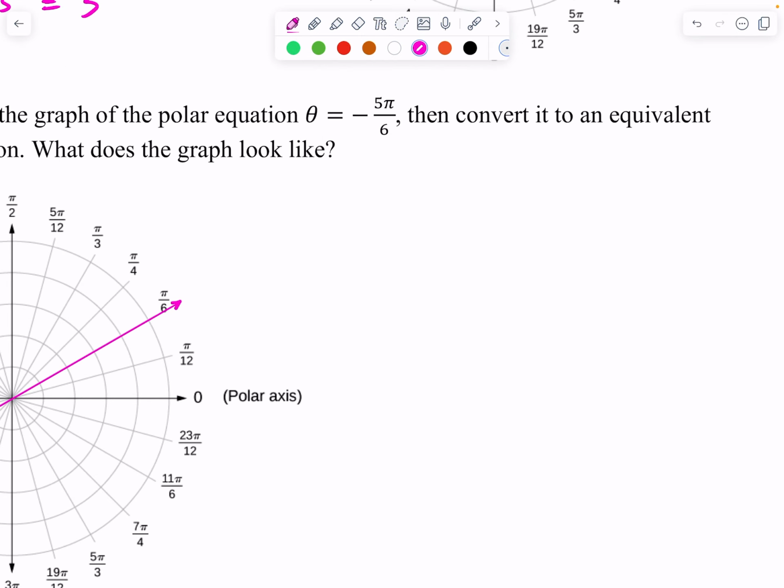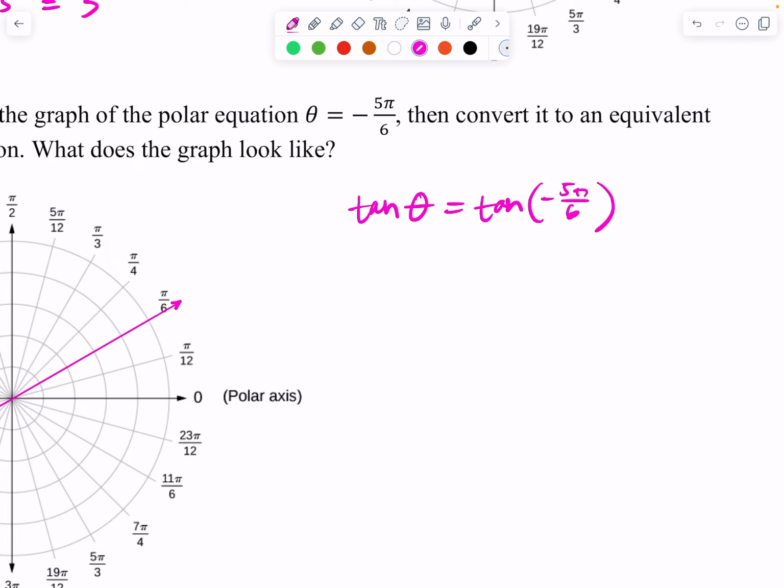And if we take theta equals negative 5 pi over 6 and think about taking tangent of each side of the equation, which you could technically think about taking sine or cosine, it's just then you're going to have more work. Because we're trying to go to rectangular form, you're trying to eliminate all the r's and thetas.